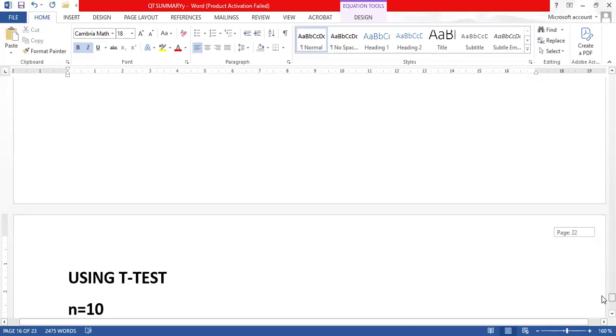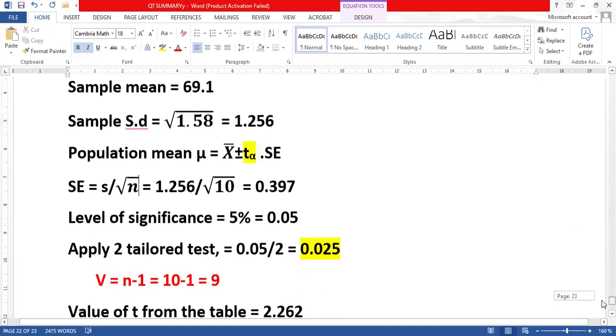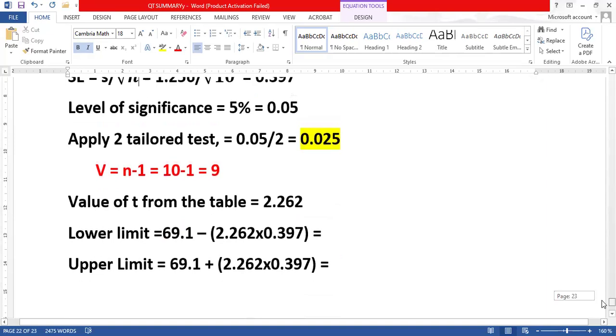So you have to apply a two-tailed test, which helps you know the basis you should use to get the value from the table.